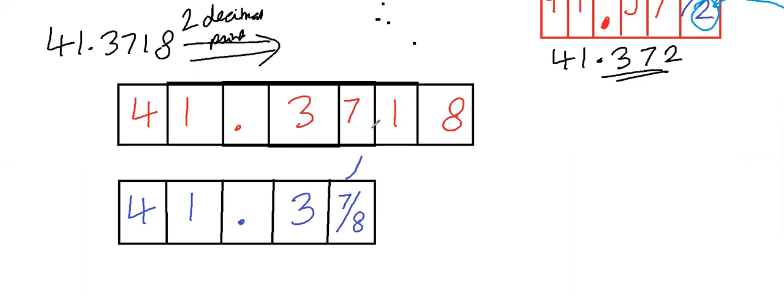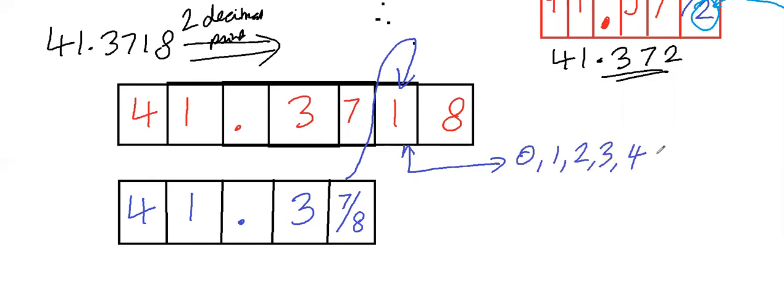This is decided by this digit. So if in this box the number is 0, 1, 2, 3, or 4, then what number will come? 7 will come. Correct. If it is 0, 1, 2, 3, 4, then the number that will come here is 7.